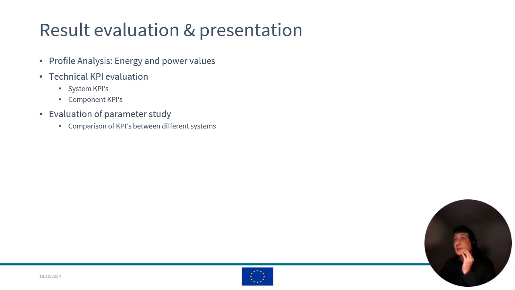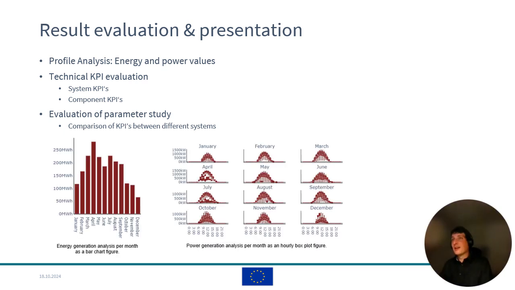And there are some for the system and for the components themselves too. And important, of course, is if you change the parameters, so sizes of a component, something like this, then your KPIs are how you measure your results for the different results there, right?